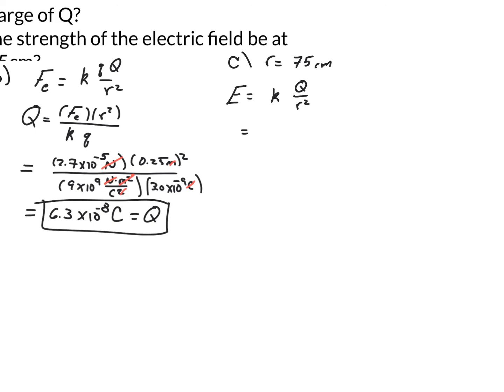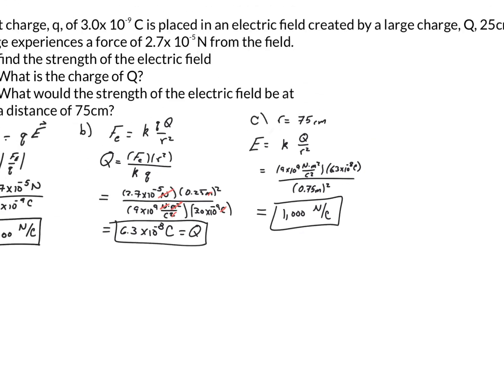So for this problem, we have 9 times 10 to the 9th newtons meters squared per coulomb squared times the 6.3 times 10 to the minus 8 coulombs that we just figured out, all divided by 0.75 meters squared. Remember to convert. And this gives us, in the end, approximately 1,000 newtons per coulomb.